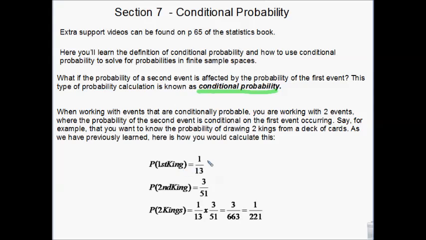So when we did this with cards, the first king, we're going to take 1 out of 13. That's our first king. Then for the second king, there's 3 left, and there's 51 cards left. Now I know this is a little different than what we were doing before, where we were doing 1 out of 52 and then 1 out of 51.